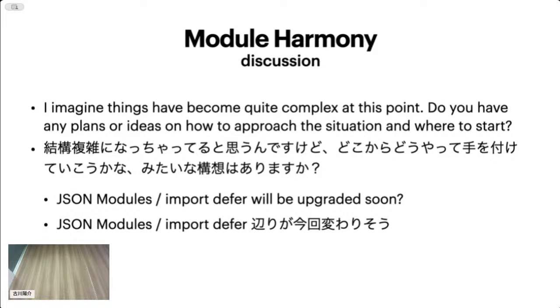So my understanding is JSON modules will be stage 4. It should be this week. Or again, import defer will be upgraded. It still has some problems, like when you await on it, does the then trigger the module evaluation?